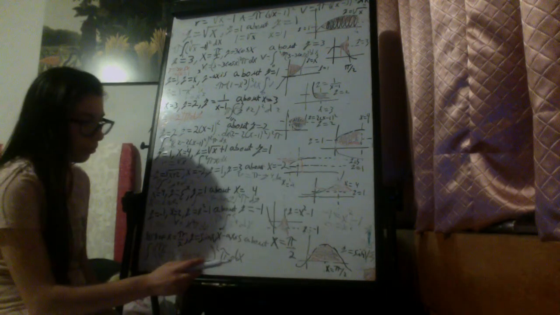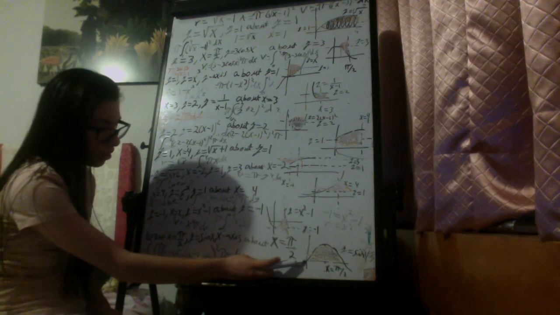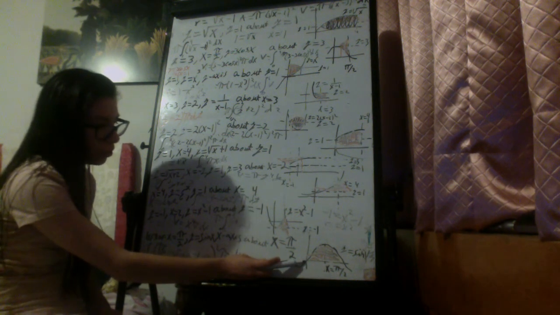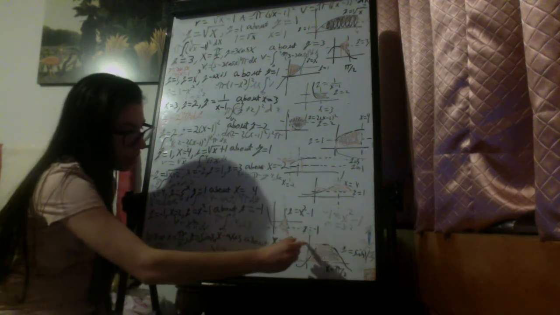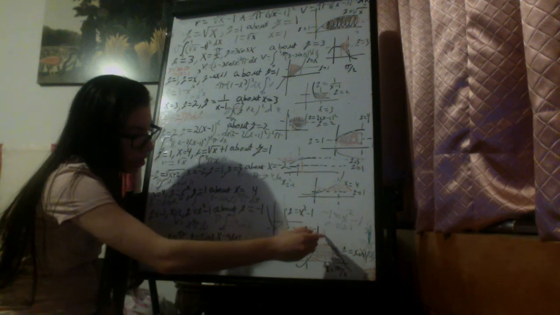And now we put the definite integral. We are going from here, the x-axis, which is our lower bound, to here, which is the intersection between the line x equals pi over 2 and the graph of y equals sine x.